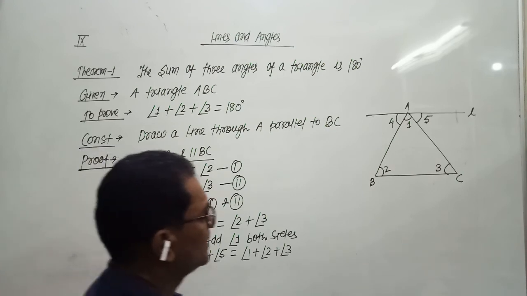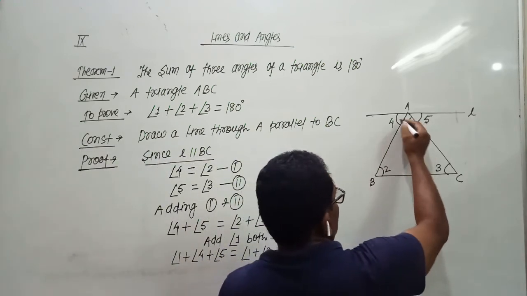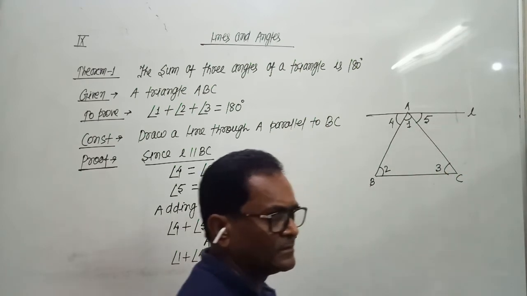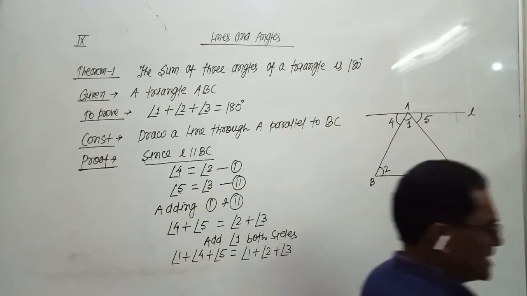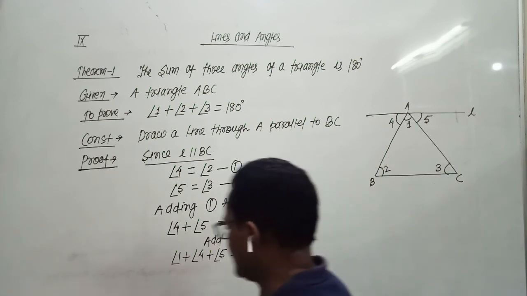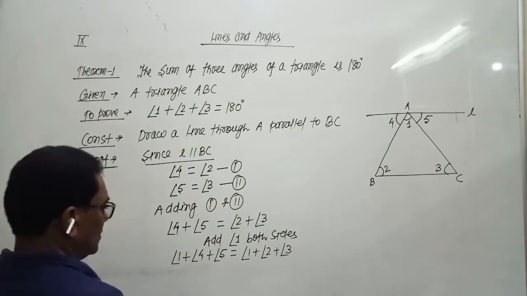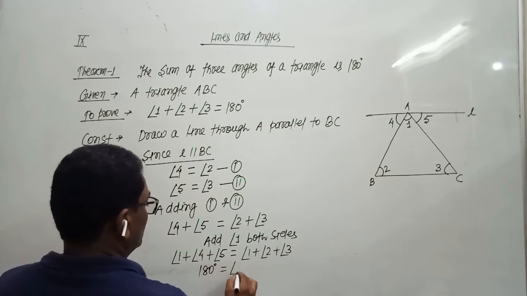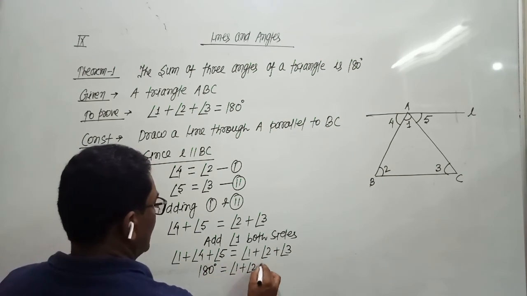And 1 plus 4 plus 5 is a straight line, and angles on a straight line sum to 180 degrees. So 180 degrees equals angle 1 plus angle 2 plus angle 3.